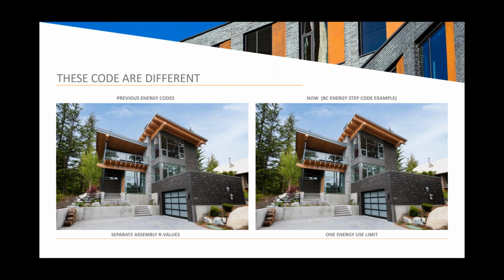The recent past worked like a recipe, and the recipe dictated that assemblies have to meet certain levels of performance. U value for the walls, U value for the roof, U value for the windows. And so there was this list of targets that acted like a recipe, especially if you're pursuing a prescriptive path for compliance.